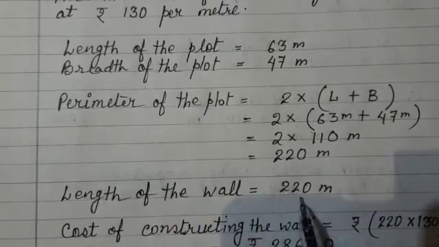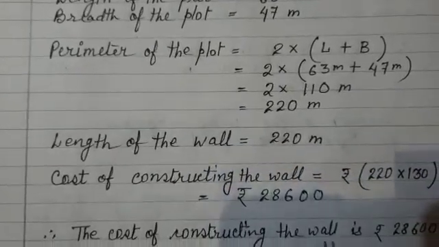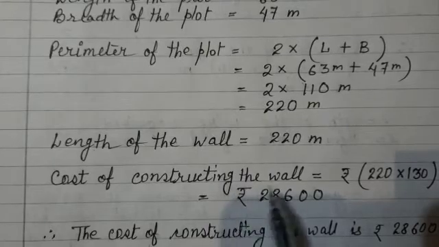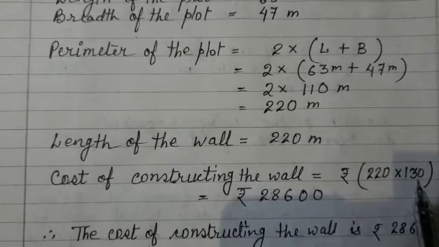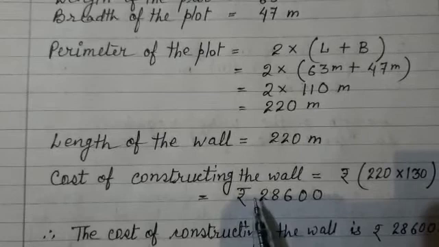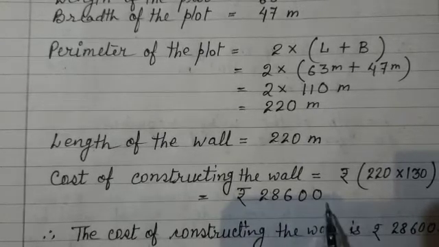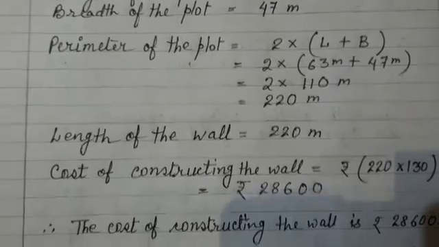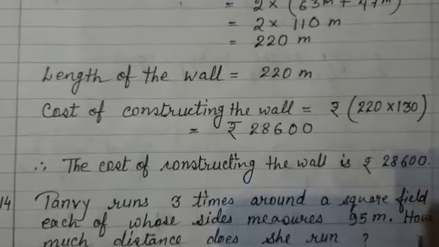Therefore, the length of the wall is equal to 220 meter. Therefore, the cost of constructing the wall is equal to rupees 220 into 130, as the rate is 130 per meter. Therefore, rupees 28,600. Finally, you can conclude that the cost of constructing the wall is rupees 28,600.